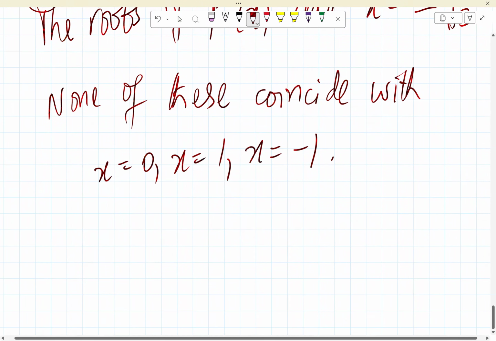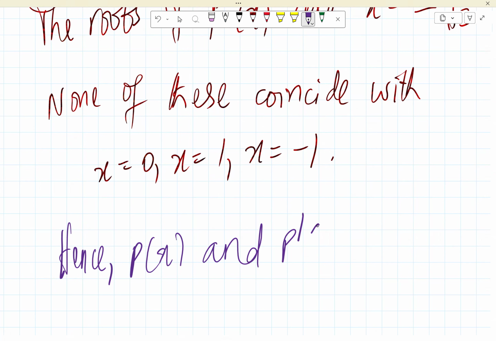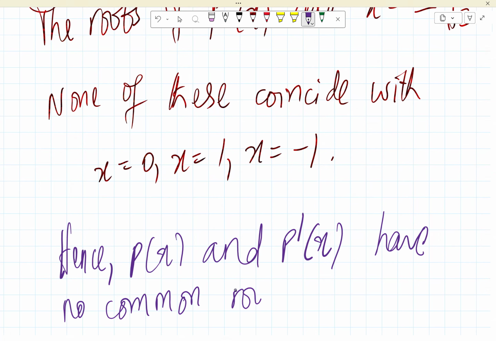So what do we decide then? We say hence P of x and P prime of x have no common roots.